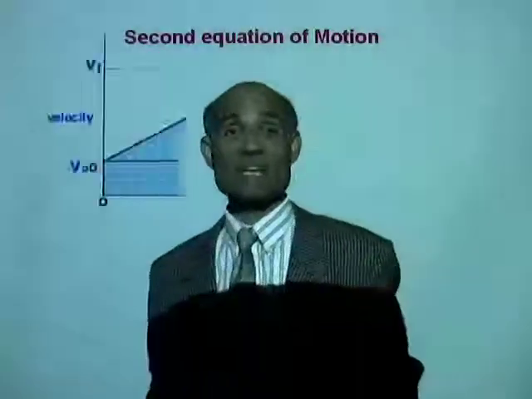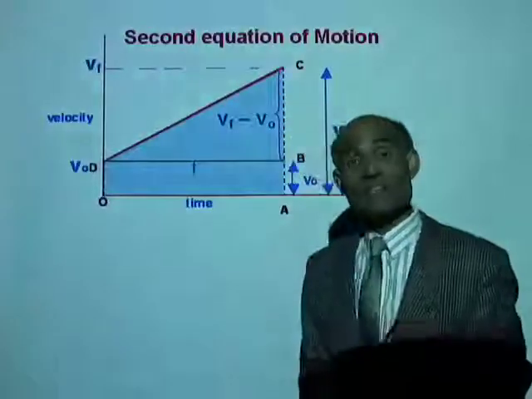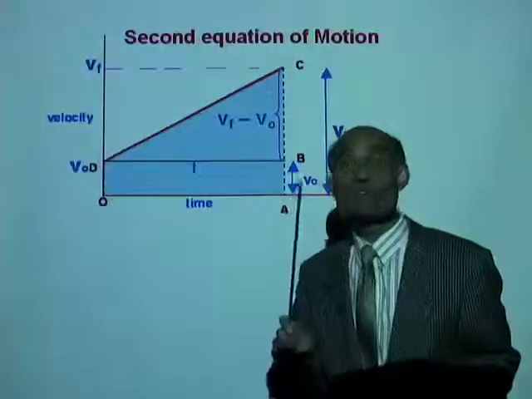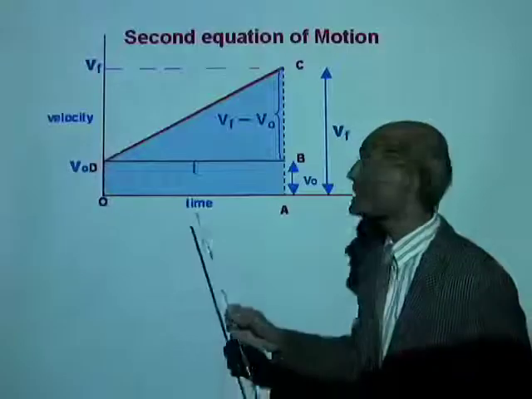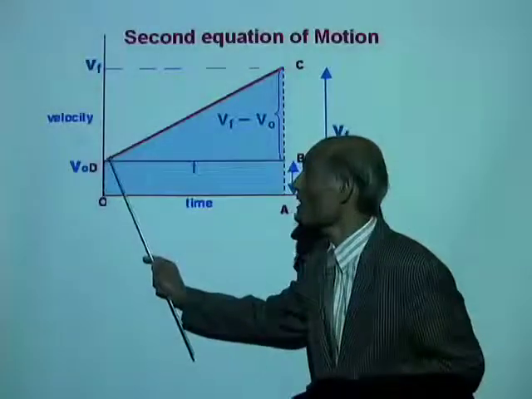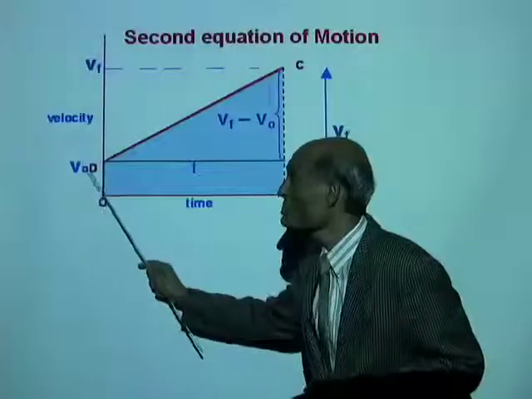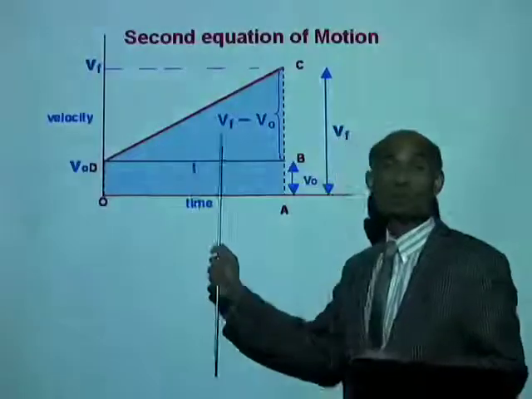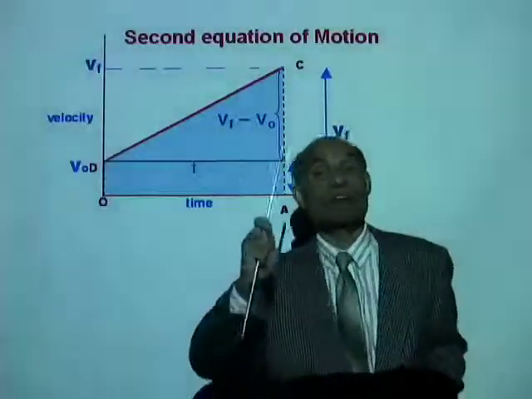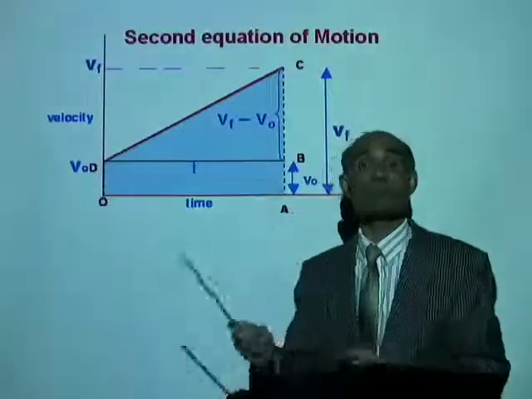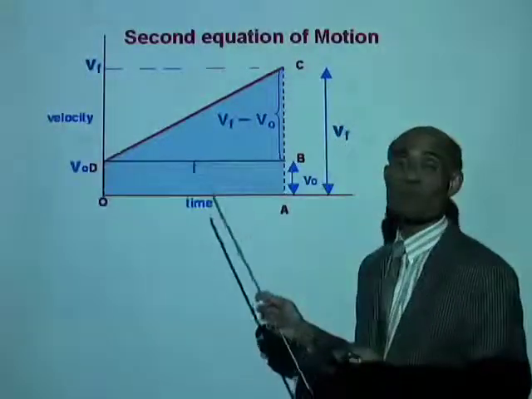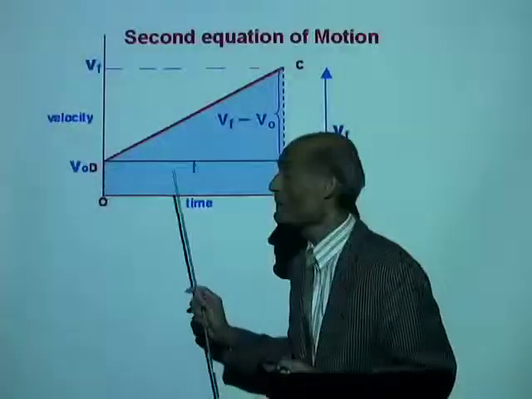Look at the second equation. The second equation, we are going to use the concept we developed earlier. Suppose you have an object that starts with an initial velocity V0. So I'm going to use a graph of velocity against time to develop the second equation. Alright, and listen carefully here.